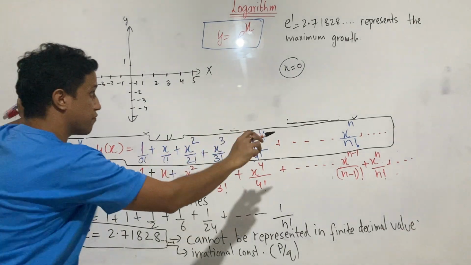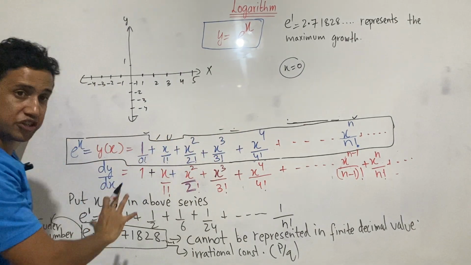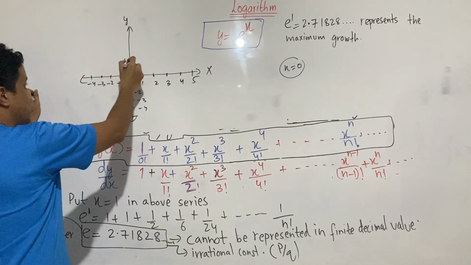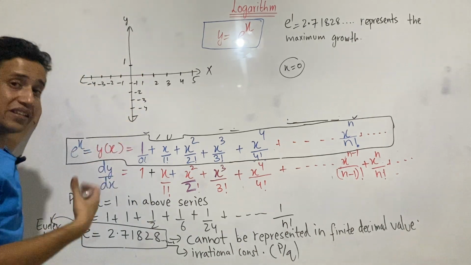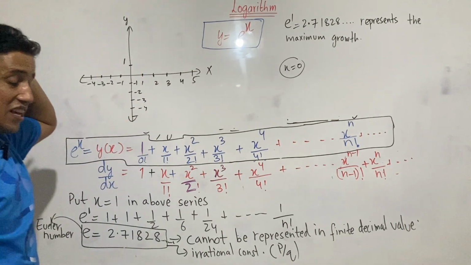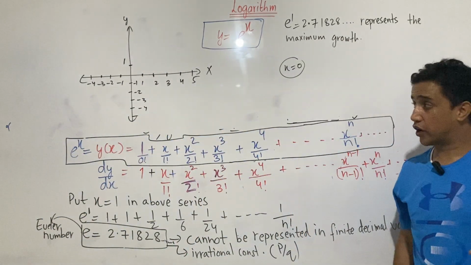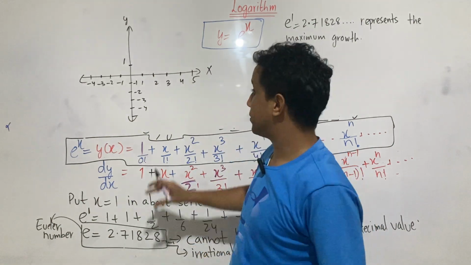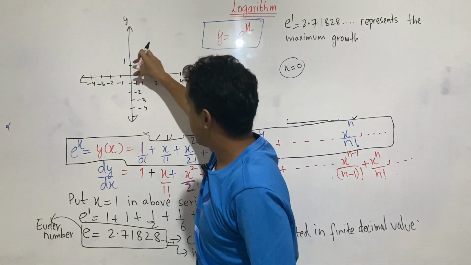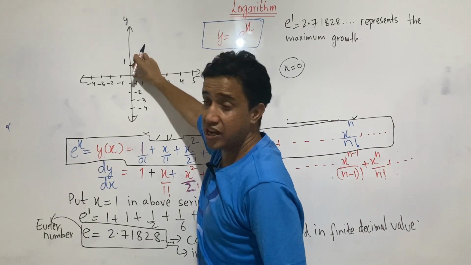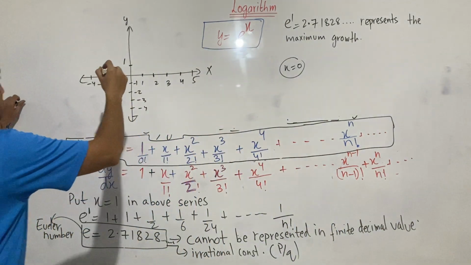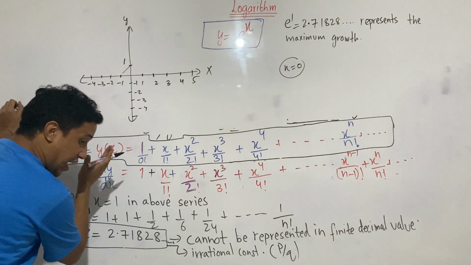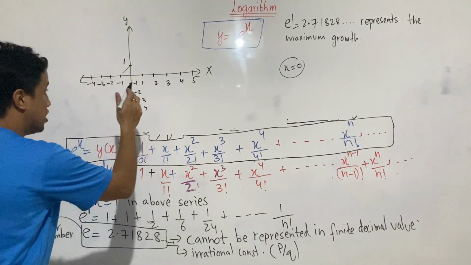This whole construction has started from that point. So at x equals 0, this is your 1, and it says that the slope is the same as the size of the function, which means the slope here is the same as this height. So it will pass through here and the slope is the same as the function.